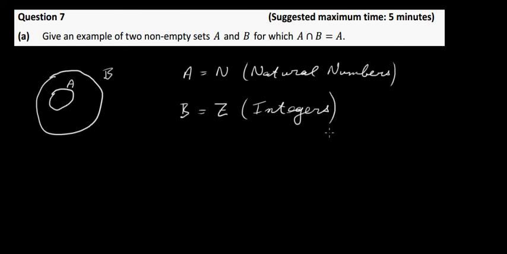So in here you would have positive whole numbers. Out here you would have the negative whole numbers. So A intersection B then would just be the positive whole numbers. So that's one example. Okay, there are other examples you could probably think of, but let's just move on to the next part here.